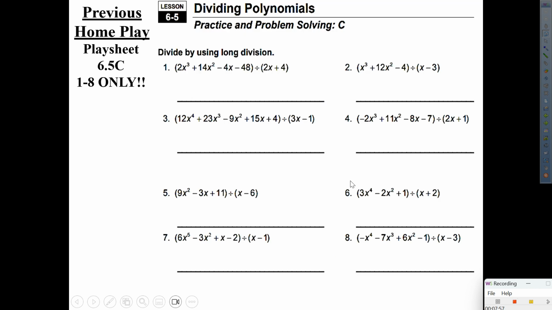All right? Last night's home play was this one. Before you turn it in on Canvas, I actually want to see what you did. So on your screen, let me send you the screen. Send me a picture. Make sure it fits nice and big on the screen. And I'm pretty sure it's your work, not an app or AI or whatever you want to call it.